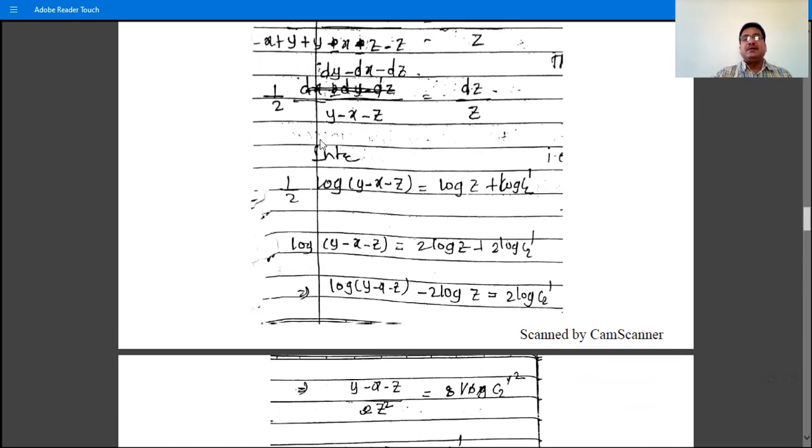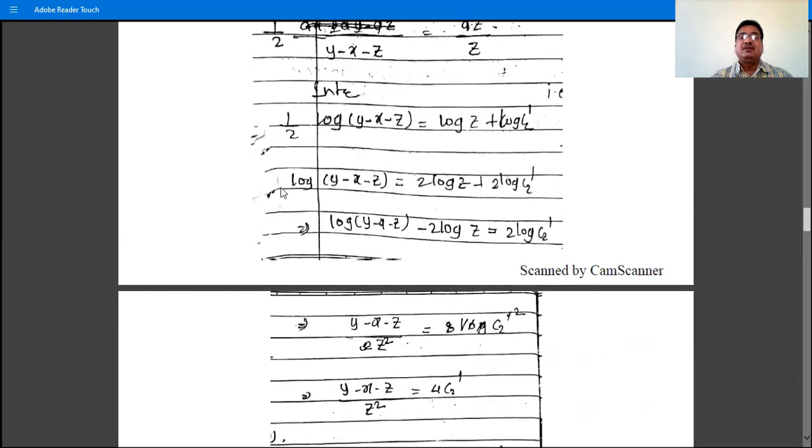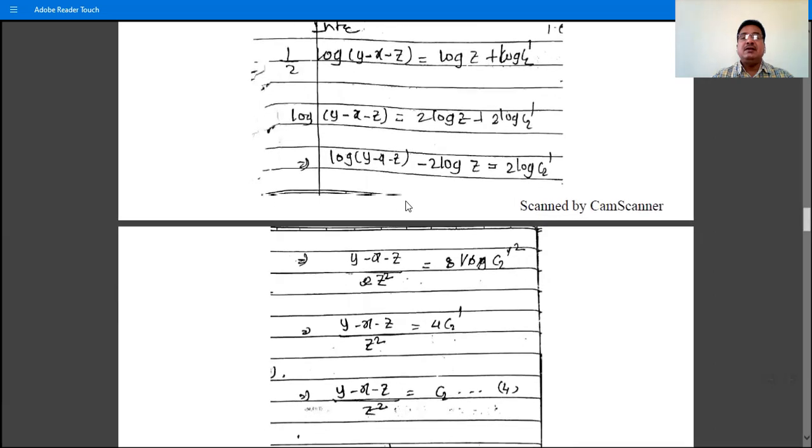So 1 half log (y minus x minus z), by using the rule that integration of f dash x divided by fx is log fx. And the integration of 1 by z is log z, plus suppose constant of integration as log c2 dash. Then shift this to the right side. So we have 2 into log z plus 2 log c2 dash. And then it becomes log (y minus x minus z) minus 2 log z is equal to 2 log c2 dash.